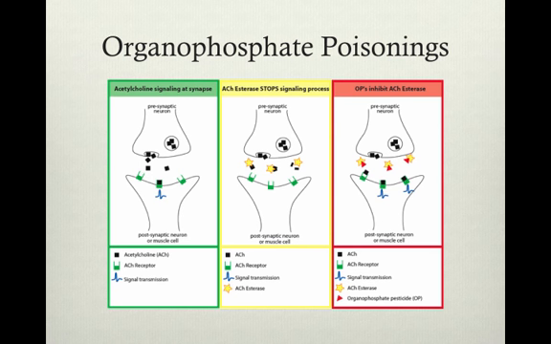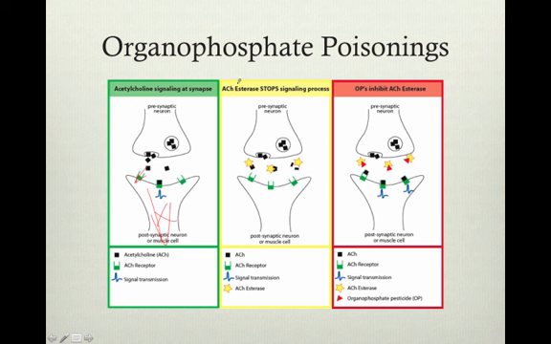Organophosphate. So, this is the green here. This is normal. Acetylcholine is released, and what we get on the postsynaptic side is it picks up this information and then continues whatever action potential or whatever the neurotransmitter was signaling.